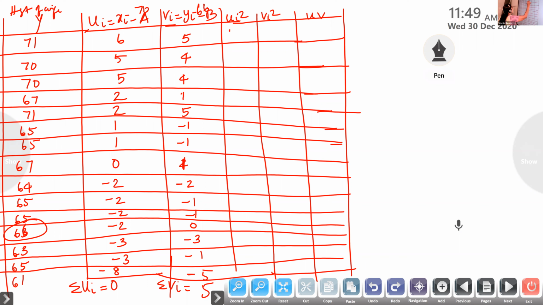This square means it is 36, 25, 25, 4, 4, 1, 1, 0, 4, 4, 4, 9, 9, total 194. Similarly, vi square, 25, 16, 16, 1, 25, 1, 1, 1, 4, 1, 1, 0, 9, 1, 25.